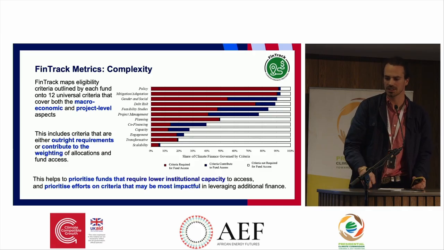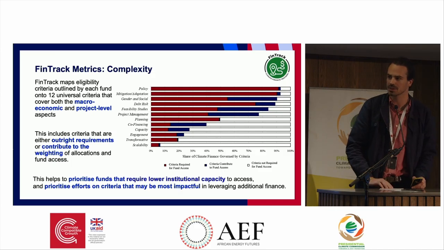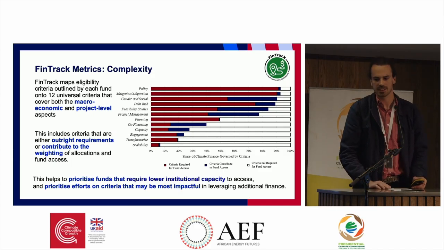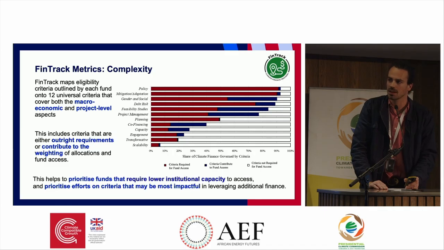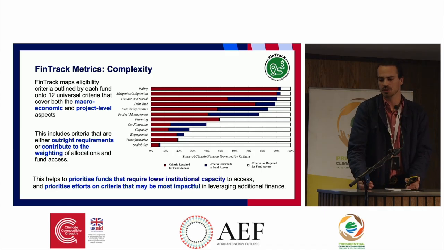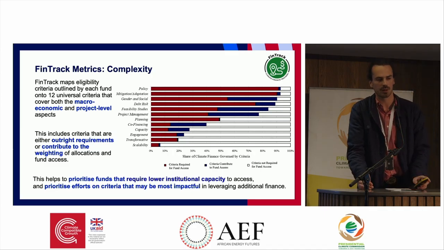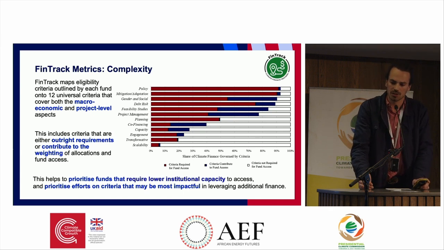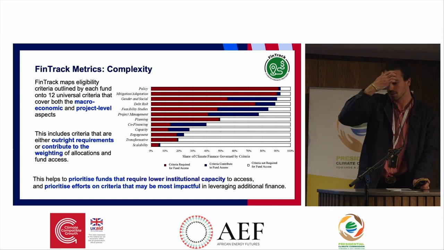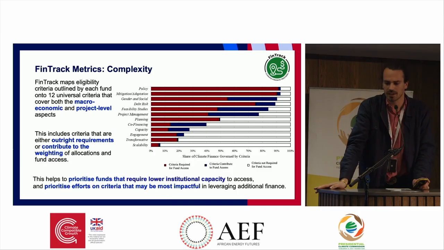And from this, we can assess which of the criteria are most impactful when it comes to accessing funds, which criteria require the most reform to then leverage the most capital within the country. So that really helps, we've found, to target policy reform to maximize the leverage of concessional finance within the country.